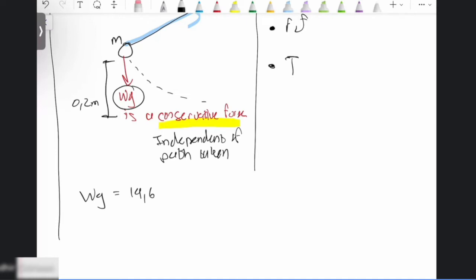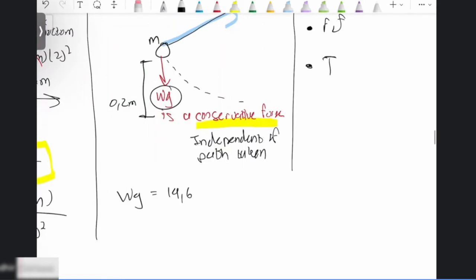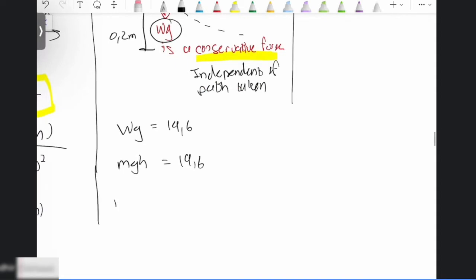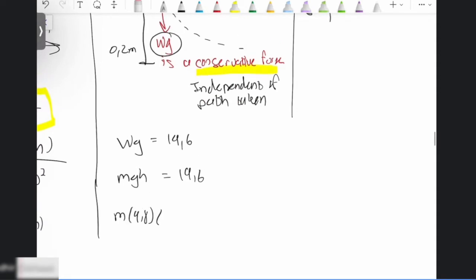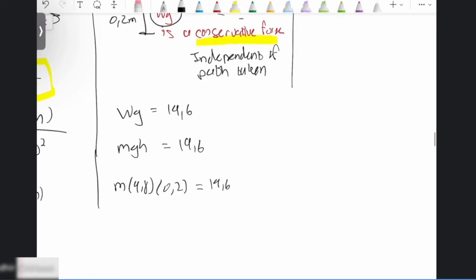Okay, so for the potential energy itself, work of gravity is basically mgh, which is equal to 19.6, because the only work that gravity does is because of its height above the ground. So here, the mass is what we're looking for, the 9.8 we have, the height is 0.2 meters, and this is going to be 19.6.